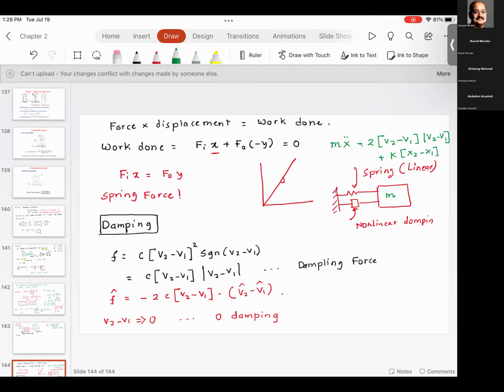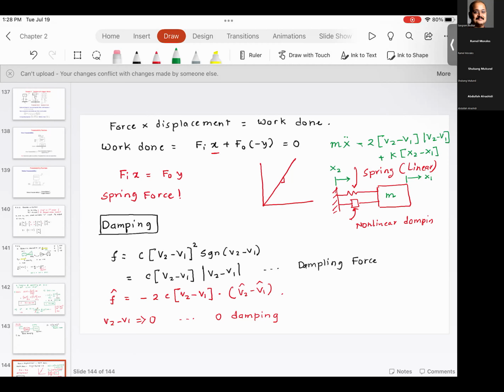Wherein x2 is the displacement of the support, x1 is the displacement of the support. So that is how you will solve these types of problems.